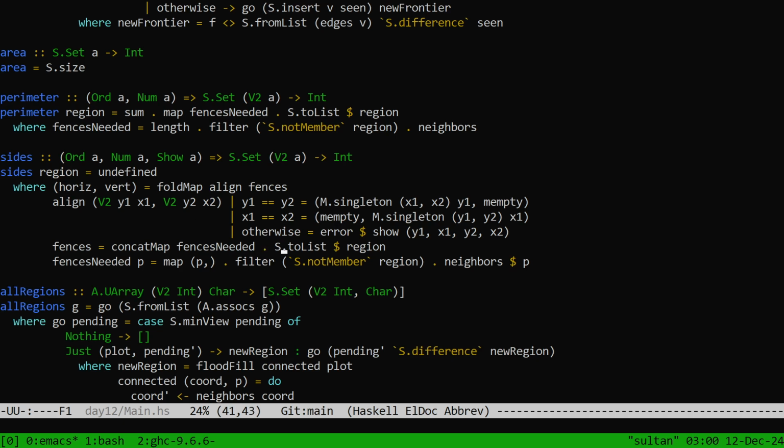Fences is... What do you get? What's the monoid instance for... Oh, does it just throw stuff away? I bet it does. What does the monoid instance for maps do? Calls union.